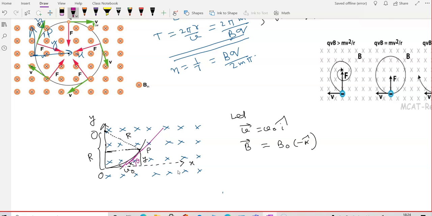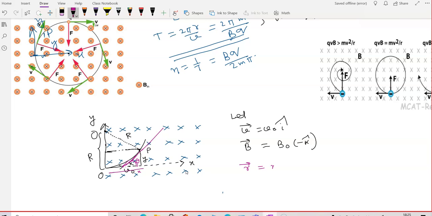Is the diagram clear? This angle is theta. This is y. This part is x. This part is x.